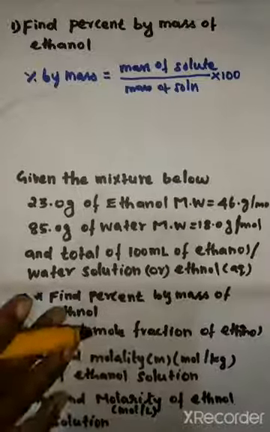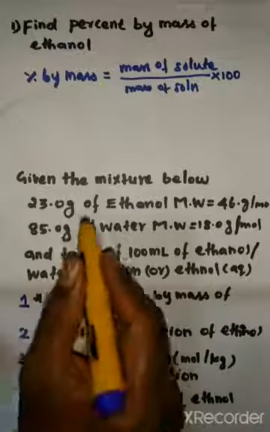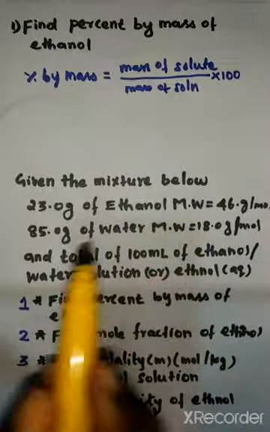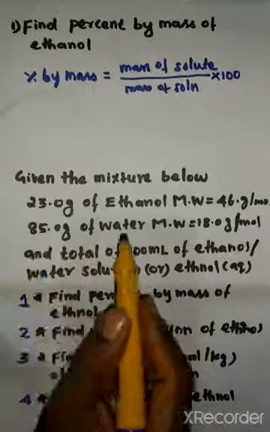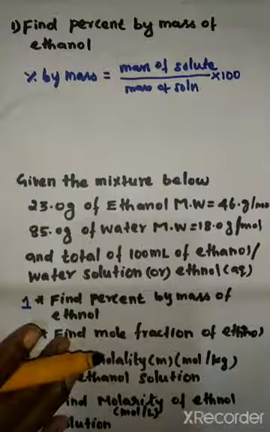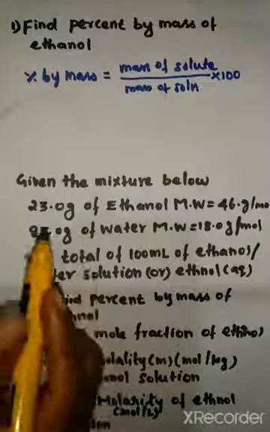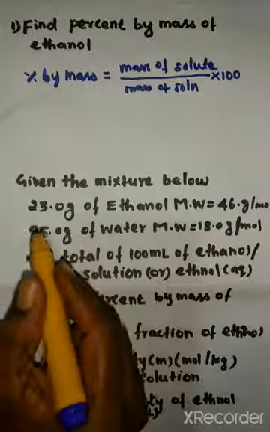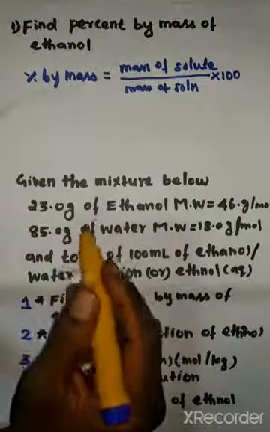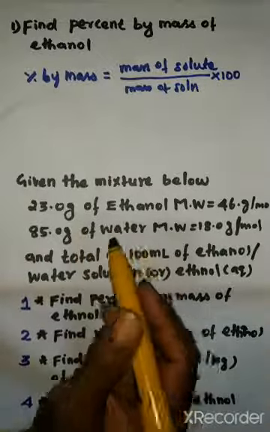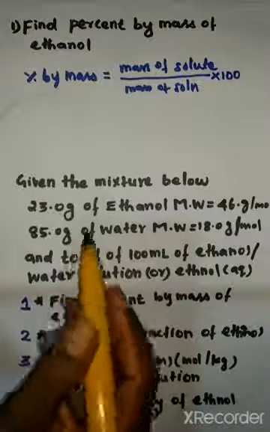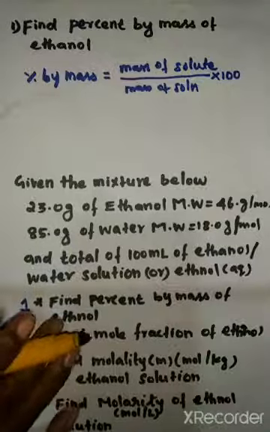In this problem here we have 23 gram of ethanol and 85 gram of water. So these are the mass of solute and mass of solvent. And what is the mass of solution?